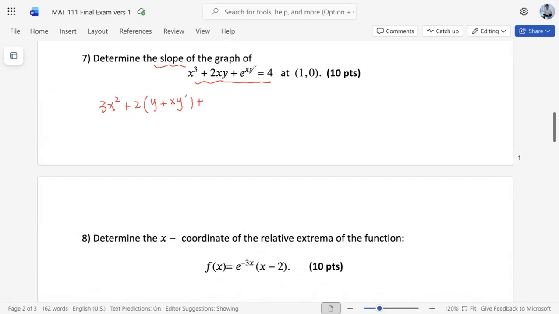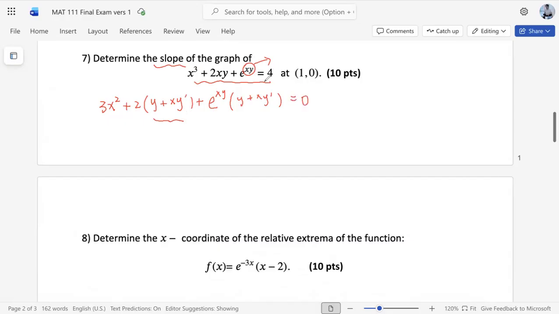Then we take a derivative of this e to the xy. First, for the e term, we always have itself, but then we have to multiply by the chain rule. So this one we have to take product rule, right? So the product rule: we differentiate xy, which we already did, which is y plus xy prime. Then equals 0.